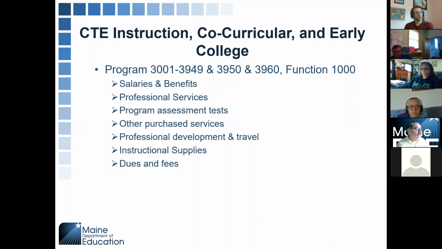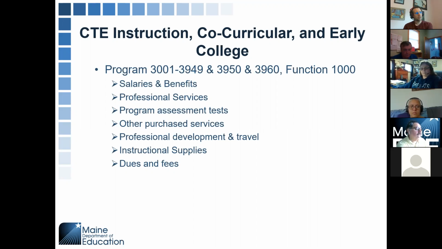And within each of those programs, we're going to pick up salaries and benefits, any professional services, program assessment fees. So those are the fees for your kids taking the tests within that program. And then there's a number of other purchased services that we pick up.